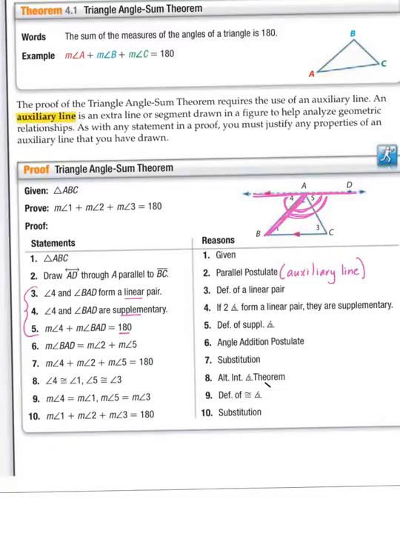However, if you'll look at angle BAD very closely, you'll see that BAD is made up of angle 2 and angle 5. So by angle addition, BAD is going to be angle 2 here plus angle 5. So look up here at step 5. Do you see where I had BAD?